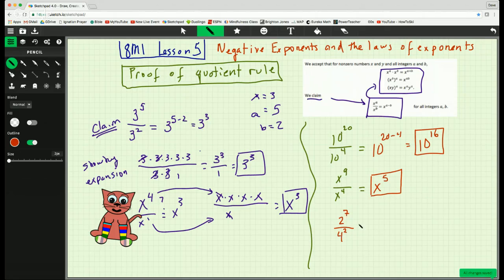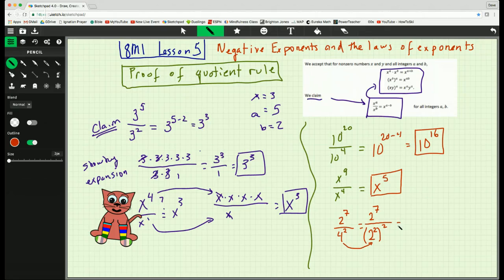Well, we're going to kind of use something we used yesterday. We don't have the same base, but we can turn this into the same base, and I'm going to give you a hint. It's 2 to the 7th on top, and on the bottom, we're going to have 2 to the what? What is 4? Another way to write 4 is 2 squared, and our squared would come over here.